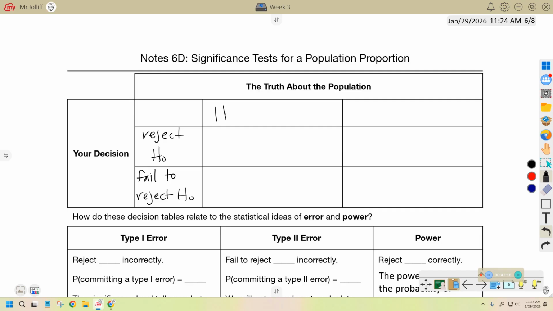This is H0 is true, or correct, rather. H0 is not correct.